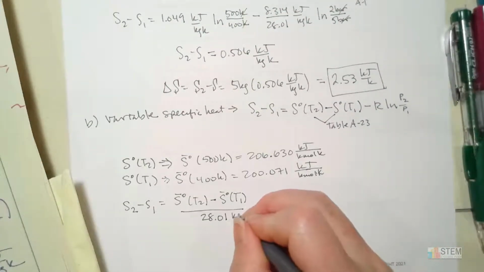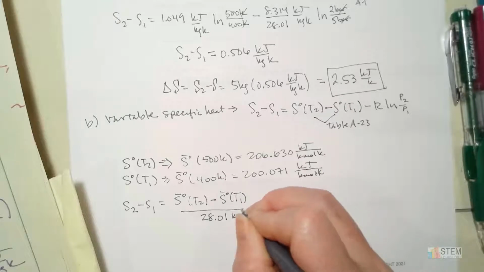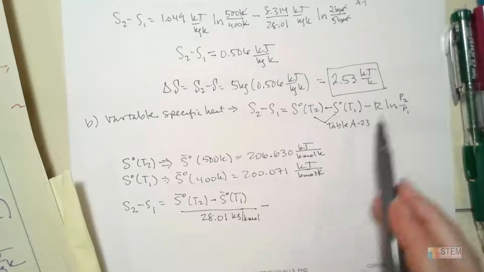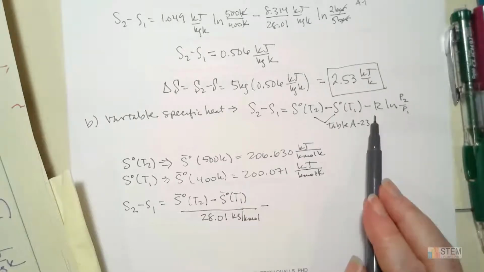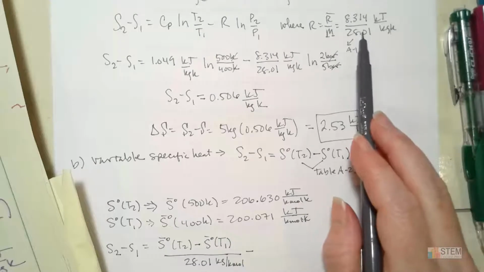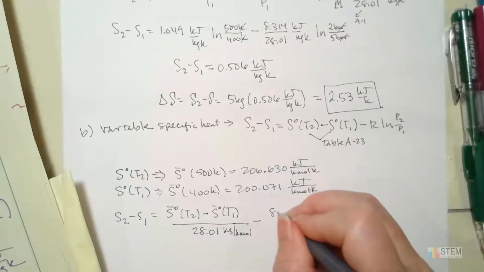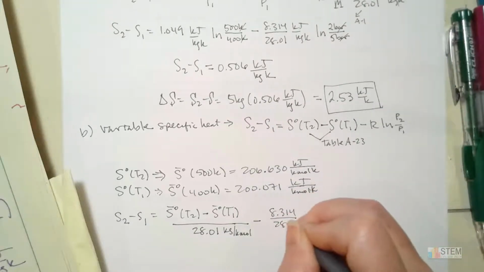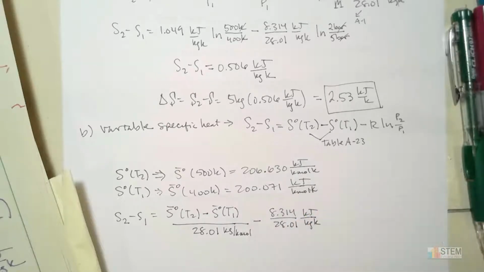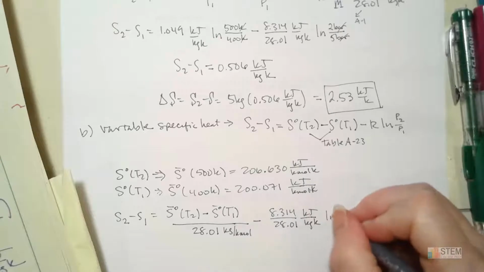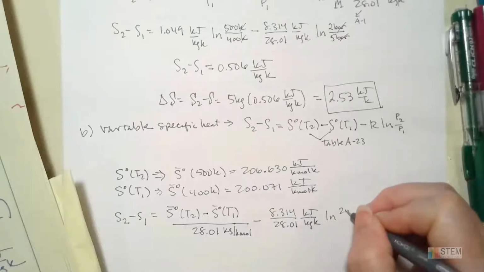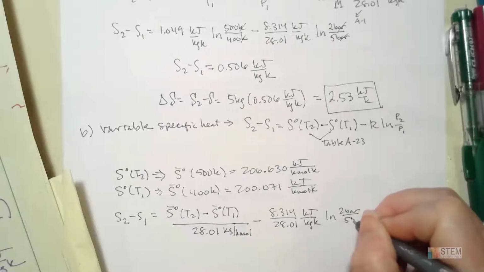Units for molecular weight are kilogram per kilomole. All right, and then we're going to subtract the R. Now R is not going to change, right? It's still up here, this right here. So 8.314 over 28.01. And then we want the natural log of P2 over P1. P2 is 2 bar, P1 is 5 bar.